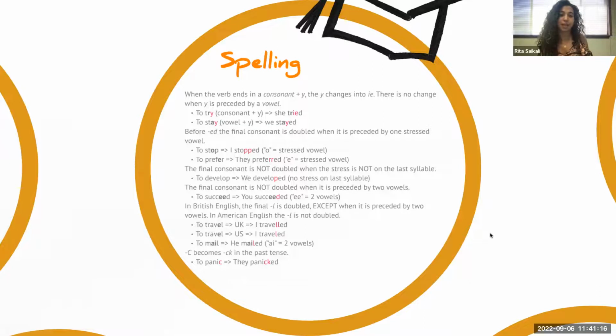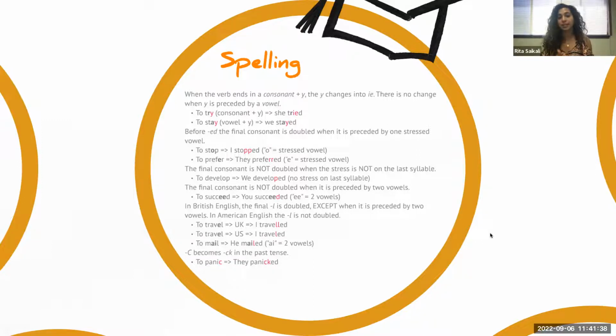So try, for example, becomes tried, and it changes from the Y to IE because R is a consonant. If there is a vowel before it, then it stays the same and you just add ED.